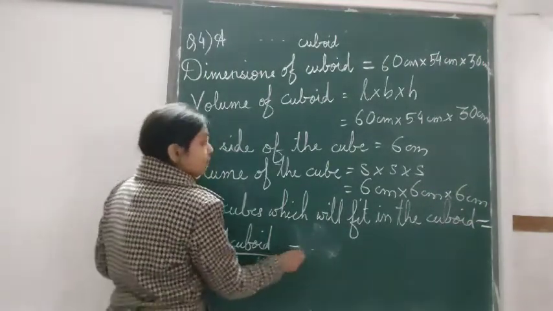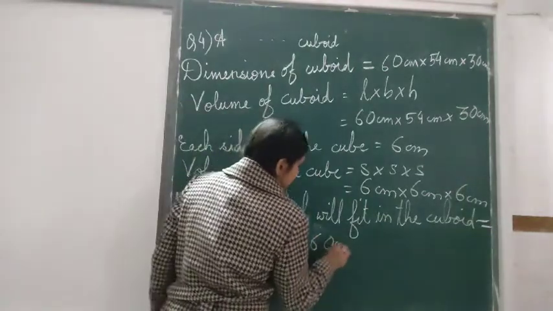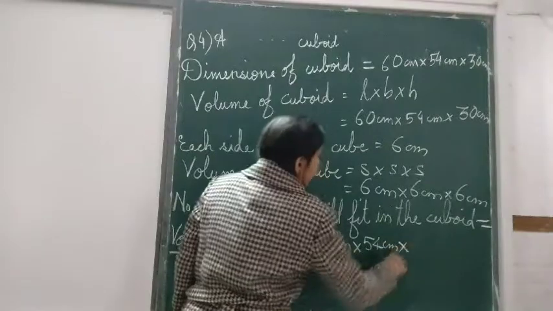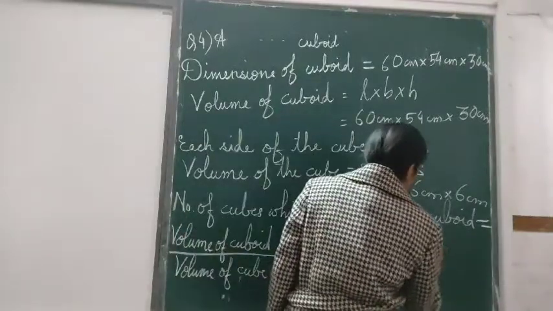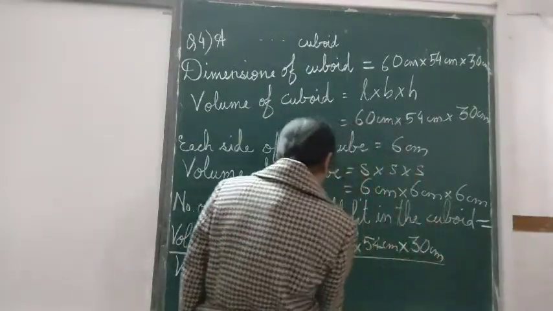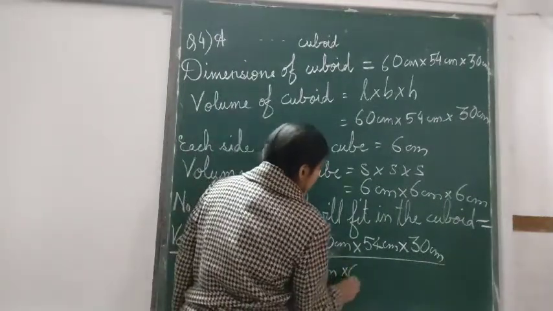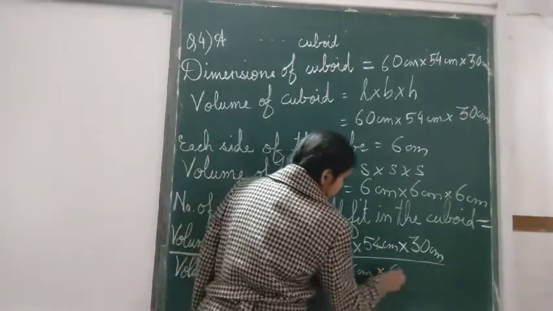So volume of cuboid, that is 60 centimeters into 54 centimeters into 30 centimeters whole by 6 centimeters into 6 centimeters into 6 centimeters.